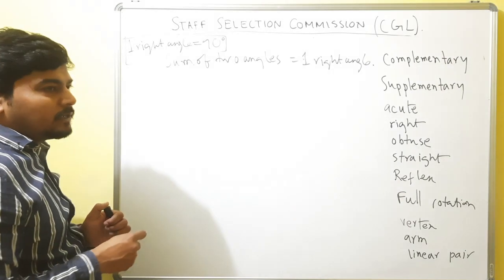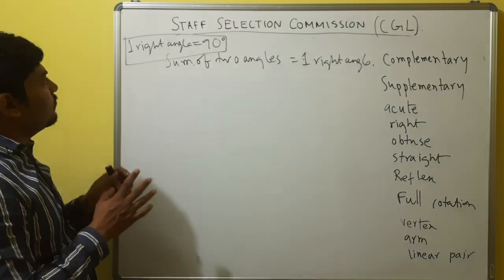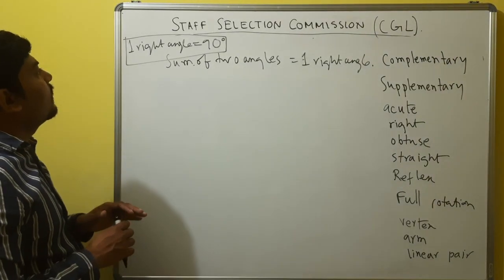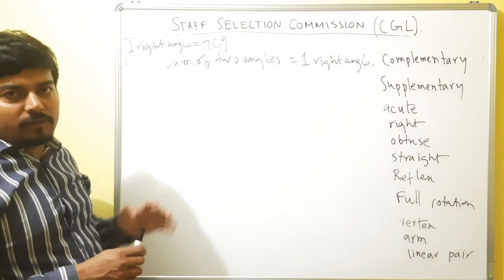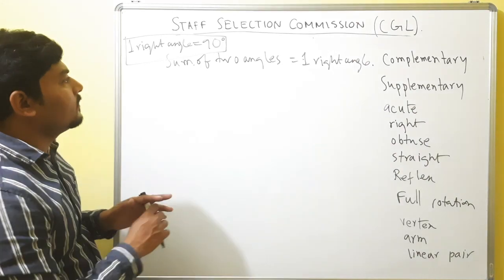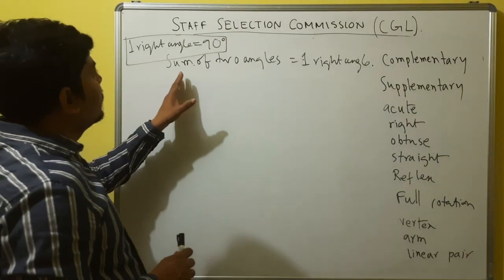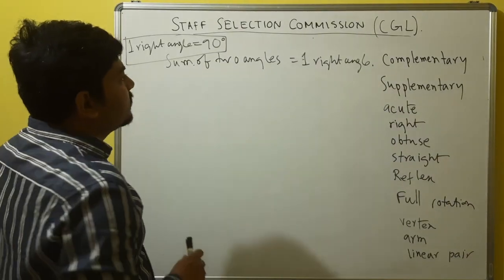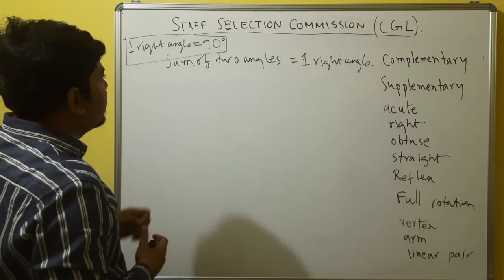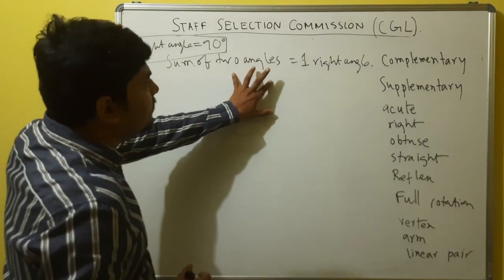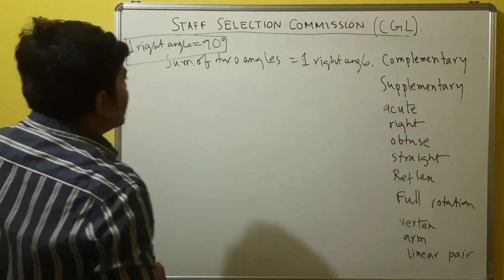The degree way of measuring or the radian way of measuring was not there in the very beginning. So they used to think in terms of one right angle. What a right angle is, I think I discussed in the first class itself. So if the sum of two angles is one right angle, then we call these two angles complementary angles.